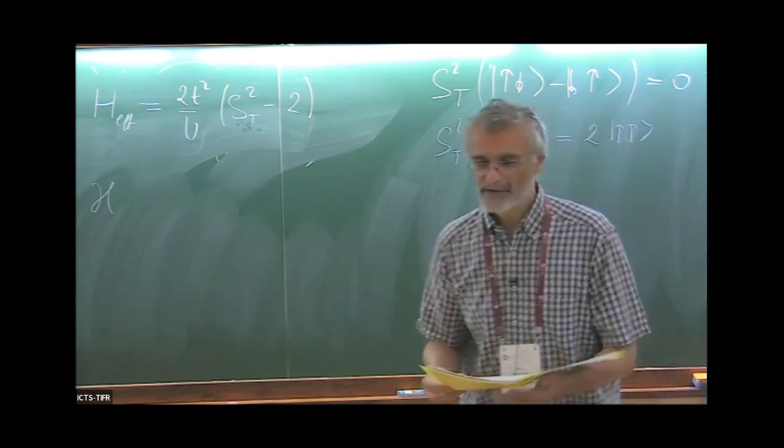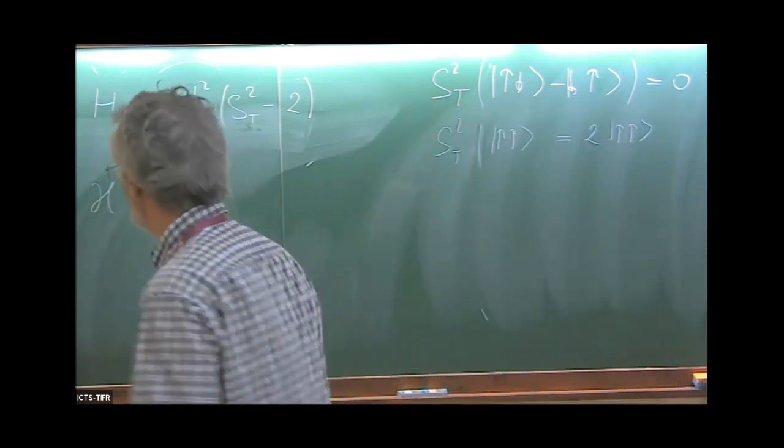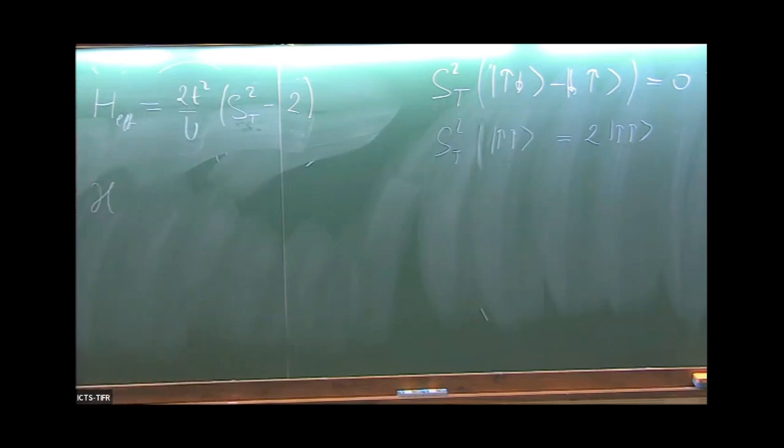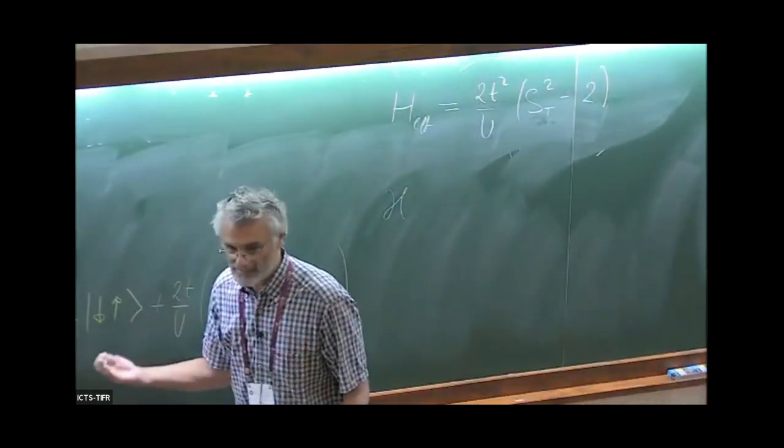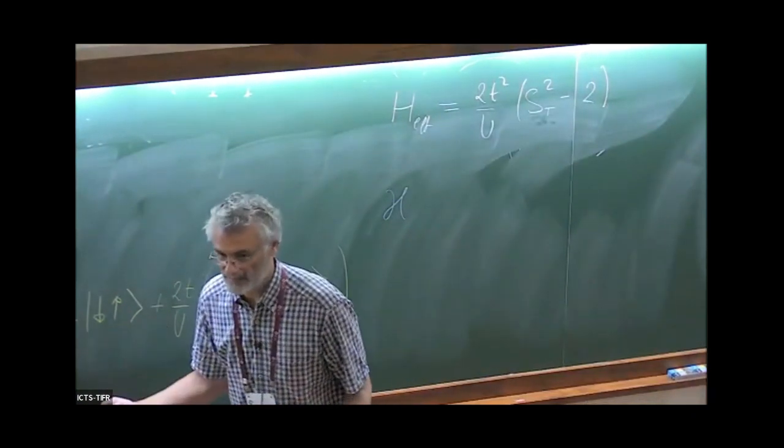Okay, so what we have learned so far is that here we have spin eigenstates of the total spin, and they are spin triplets. This one here is essentially a spin singlet, S equals 0. So they are both eigenstates of the total spin operator.